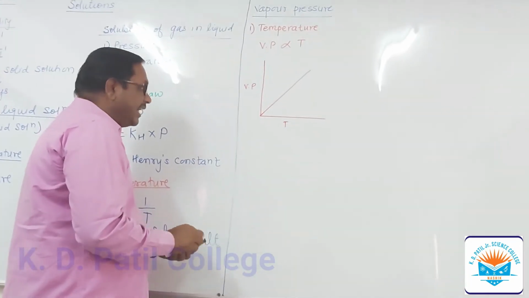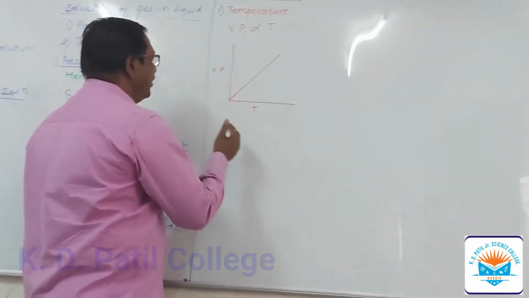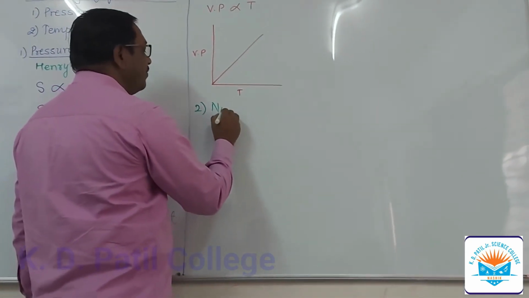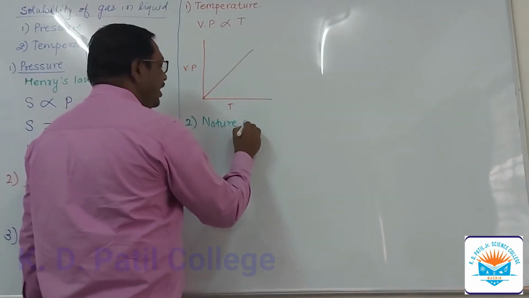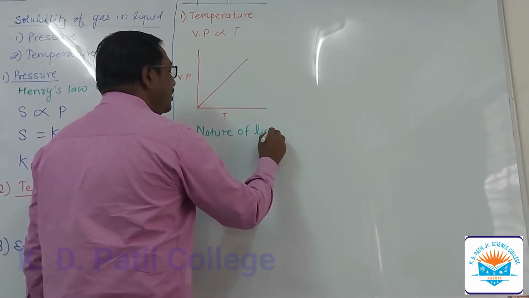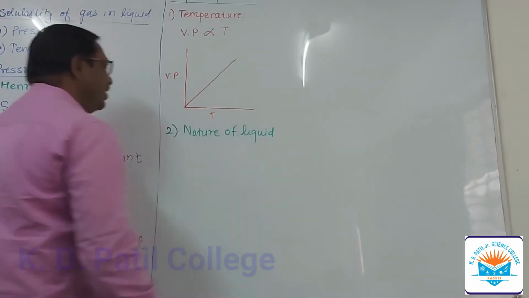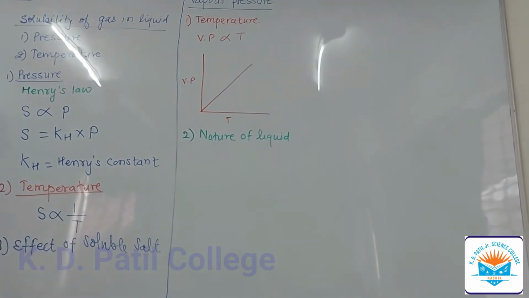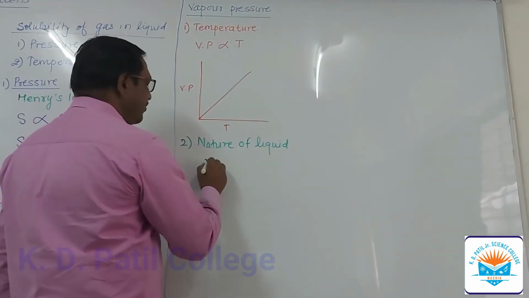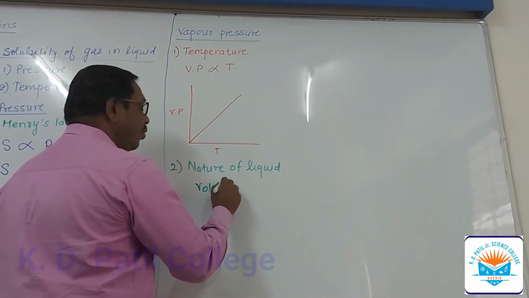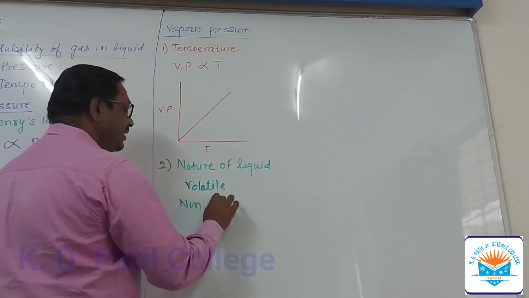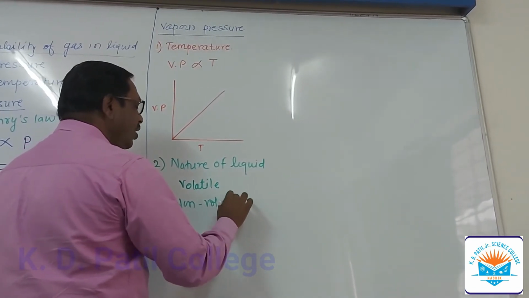The second factor affecting the vapor pressure of liquid is the nature of liquid. How does the nature of liquid affect it? There are two types of liquids. The first one is volatile liquid and the other one is non-volatile liquid.